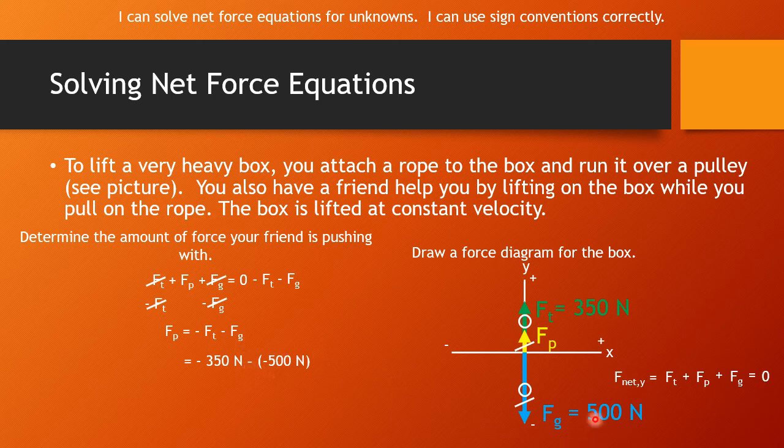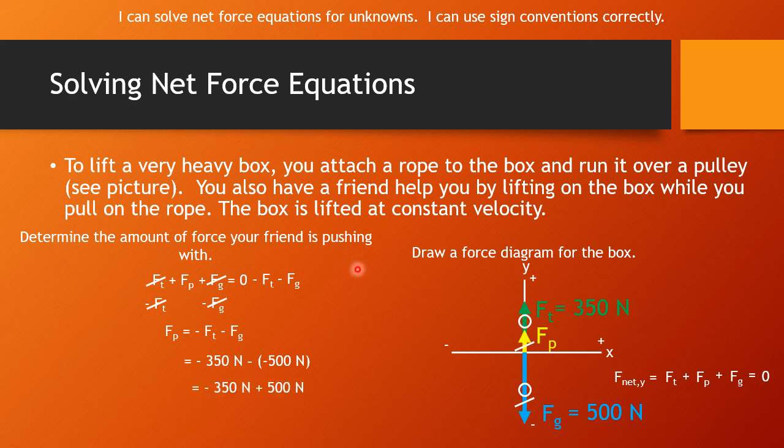Now Fg, because it's down, we said down was negative, that's a negative 500 newtons. So this is minus a negative 500. So you can see the importance of the sign conventions, making sure you get your negative signs in there in the correct spot, being consistent with them. So simplifying this, if I subtract a negative, that's the same thing as adding.